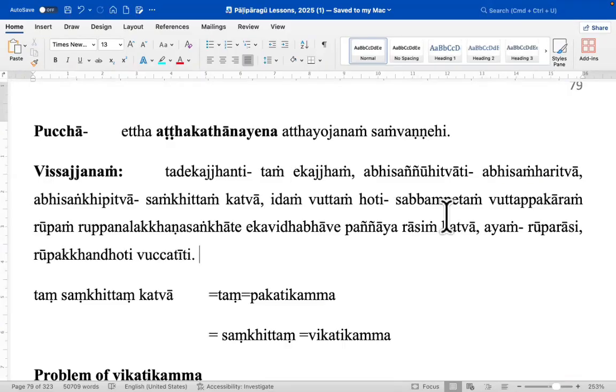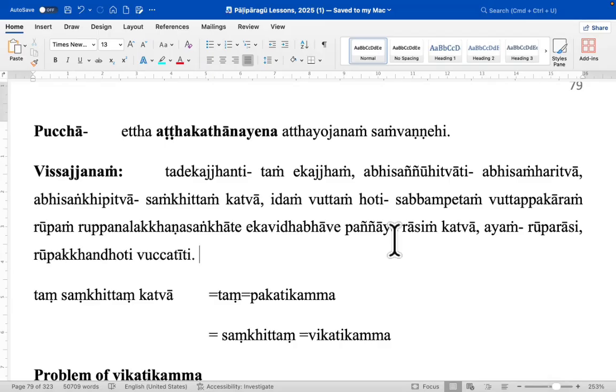So "paññaya rasim katva" means grouped with wisdom. Ekavidha bhavo, in the state of having one kind, means when it has only one kind, which is said as the characteristic of changing. Although the described matter has only one kind, because it has only one characteristic of changing, it has many kinds.